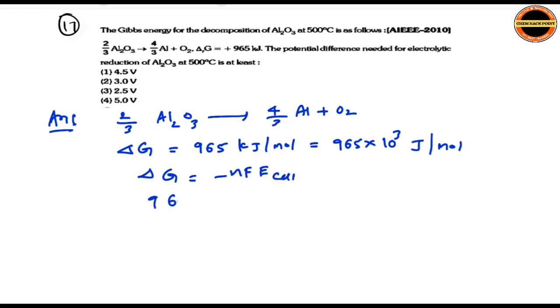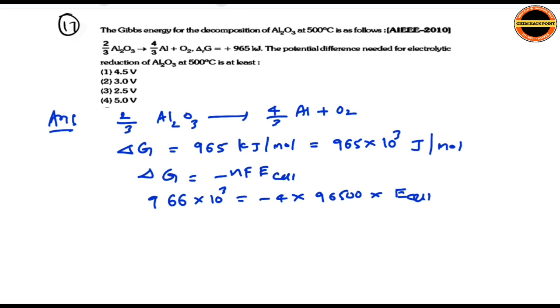So here you can make it 965 into 10 power 3 is equal to minus n, the N value in the above equation. How many electrons cancel in the above equation? If you balance the reaction, the N value you will get is 4, F value 96,500, then the E cell value. How will you get 4 here?